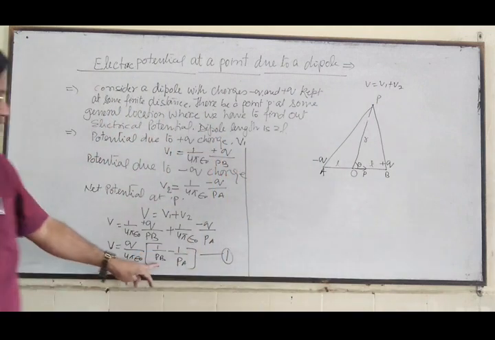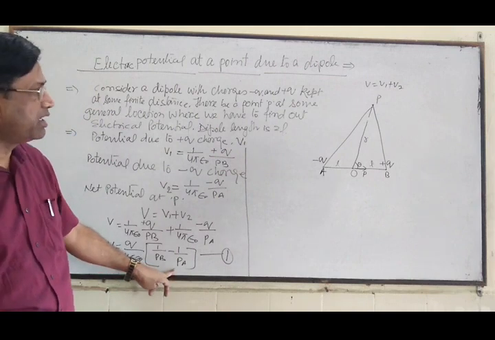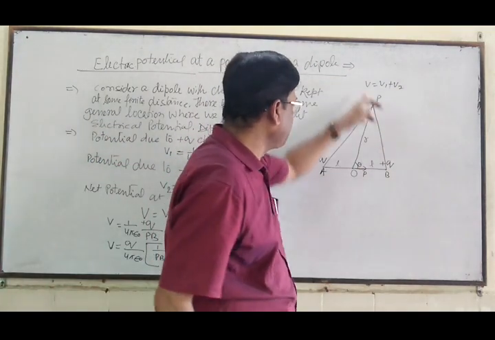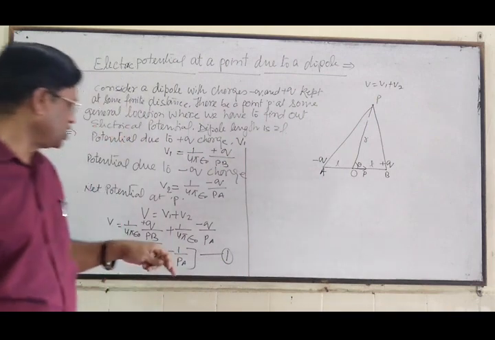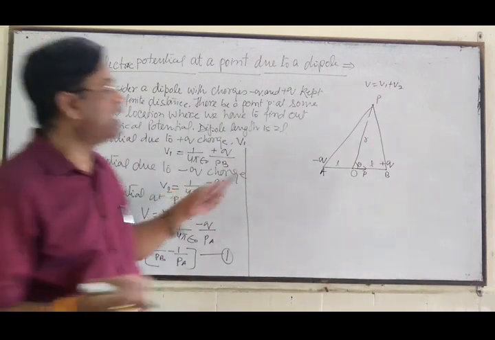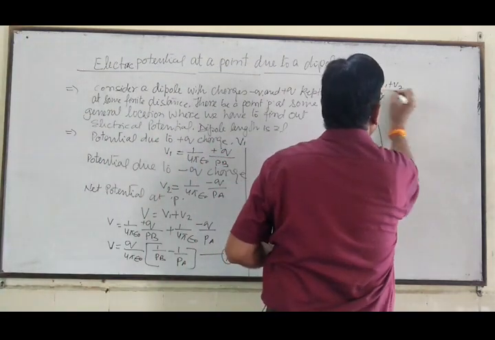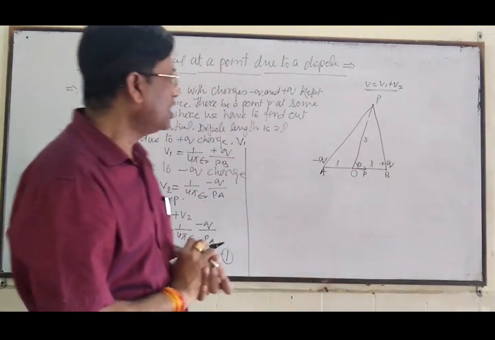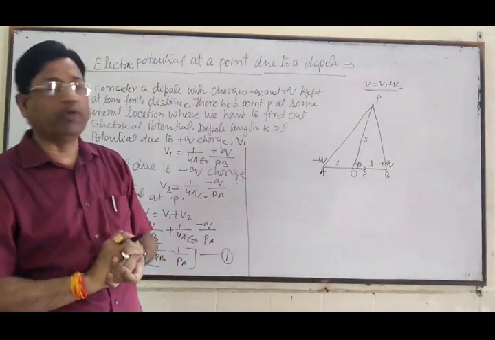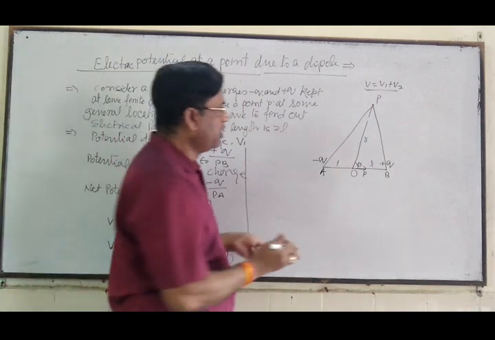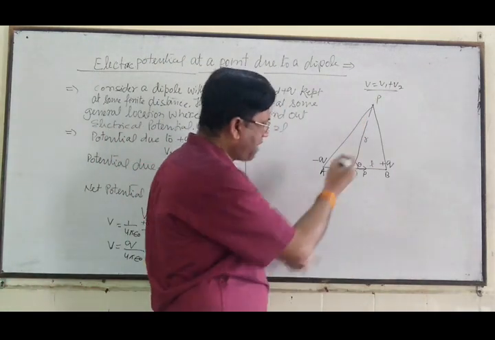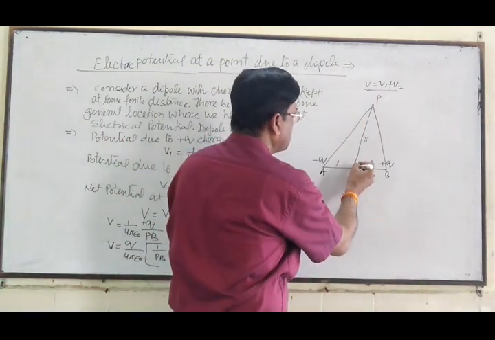Now the simple way is to find out the value of PB and PA. We put these values here and we will get the net potential at this point P. For this purpose, we will produce this PO backward.